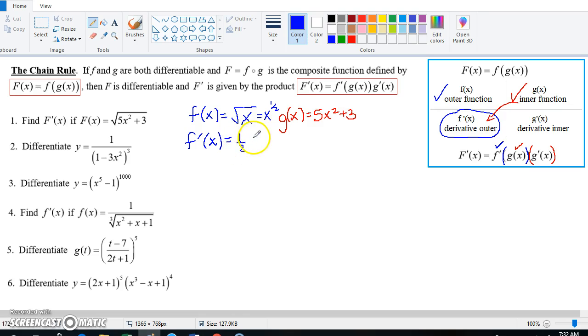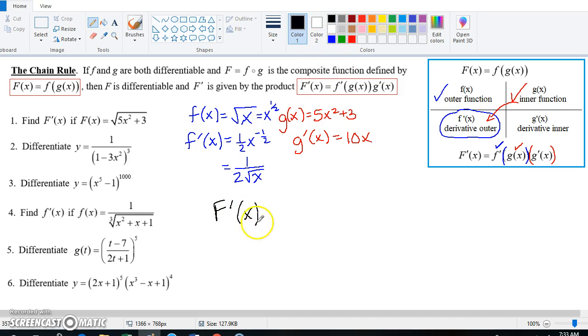So that'd be 1/2 x to the negative 1/2. Perhaps you are becoming more fluent with this, and you can go directly to 1/2 root x as its derivative. G of x is just a polynomial, so g prime of x, we use the power rule, and we get 10x. Now let's put it together.